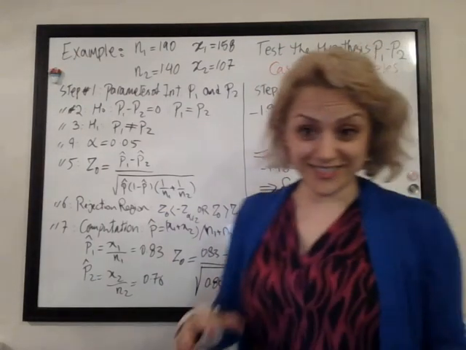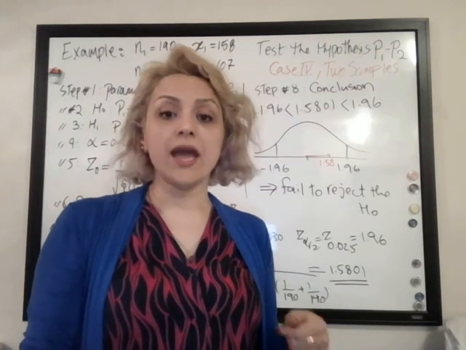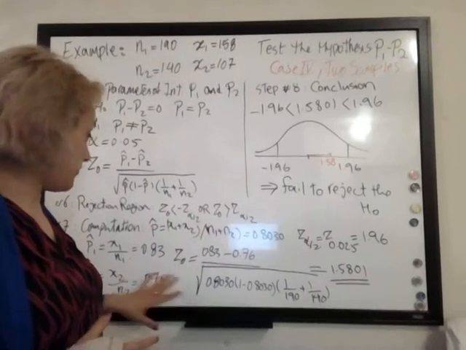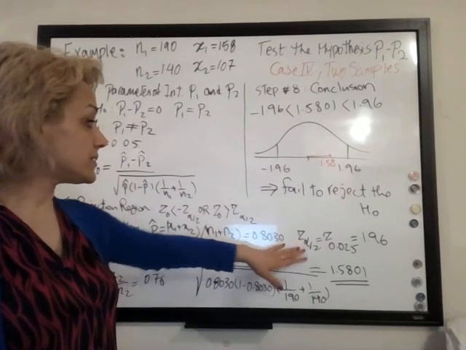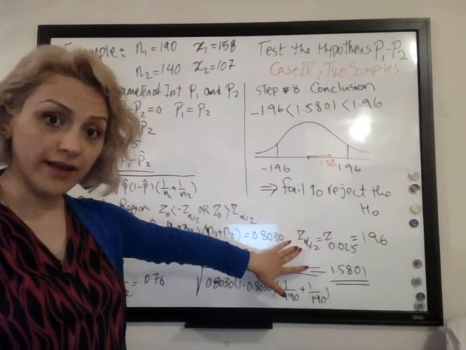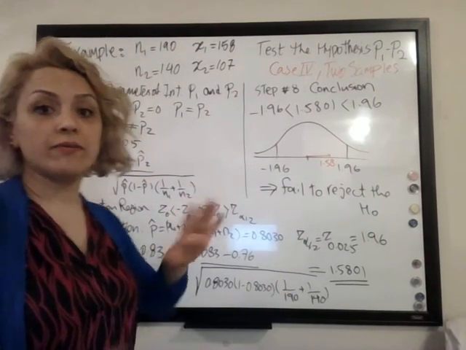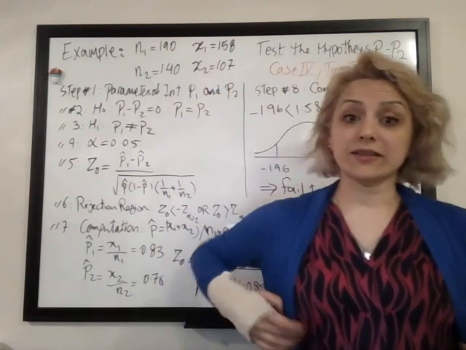If you are interested in finding the confidence interval for this two-sided test, you already have everything. You calculated your P1 estimate and P2 estimate, and you calculated your Z alpha, right? What you would need to do is find the value for the standard error.